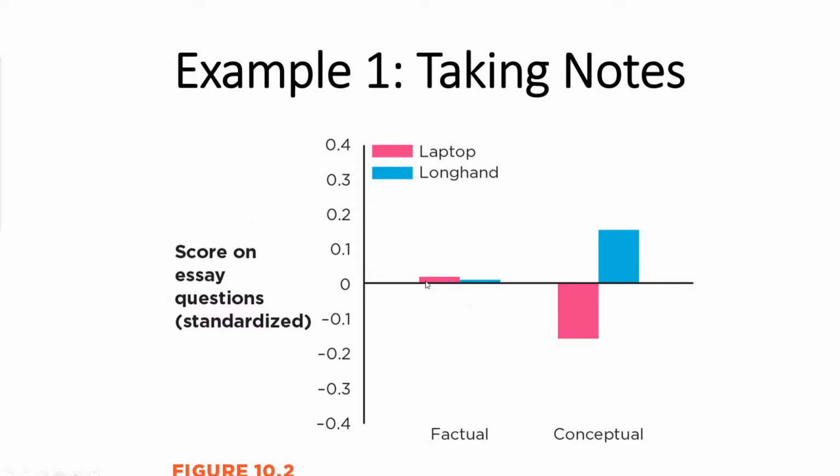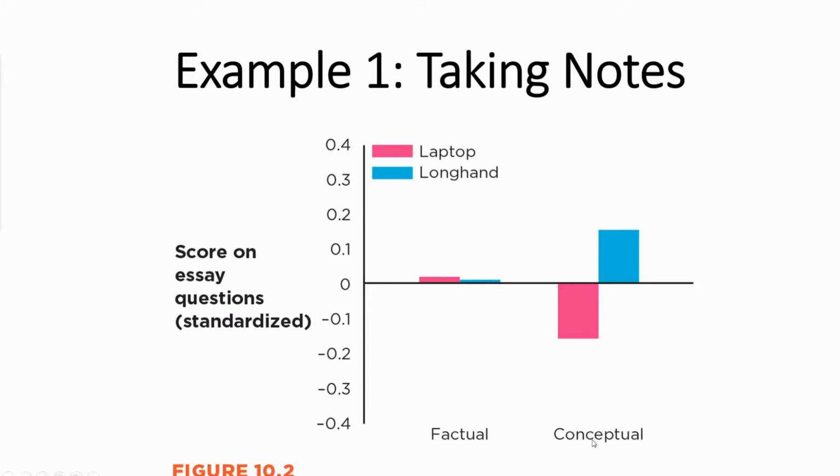And so both of the groups, even though we don't have error bars as I would like to see, both of the groups are very close to 0 for factual questions. So they performed pretty much average on factual questions. There's no clear winner in terms of which method of note-taking was better here.